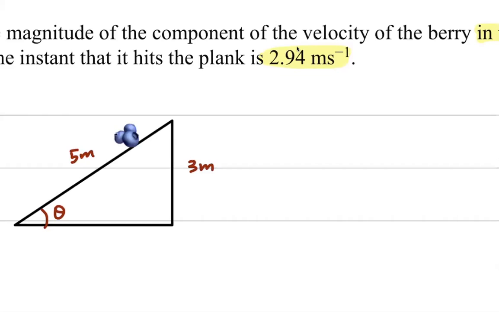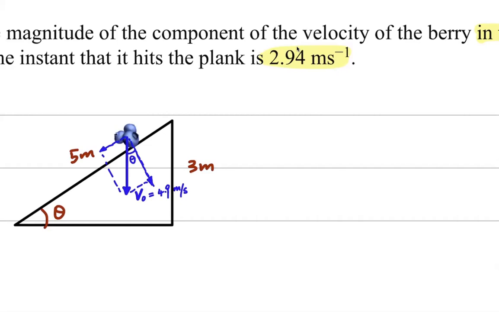When the berry hits the plank, that's at the end of stage 1. We just derived V0 is 4.9 meters per second, right? And if you draw this velocity with its two components in two directions, you could see this angle here.